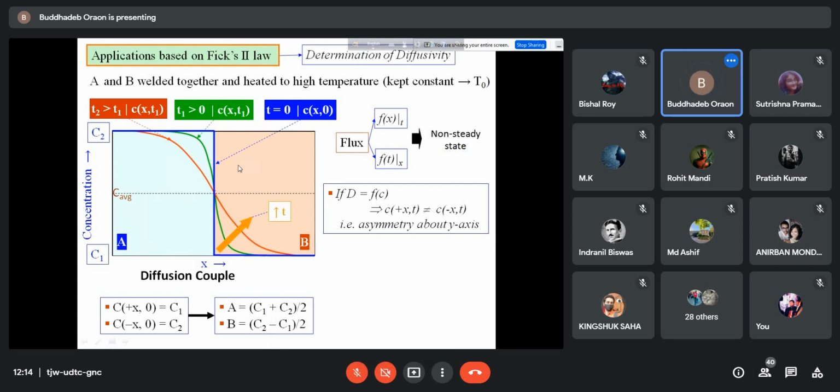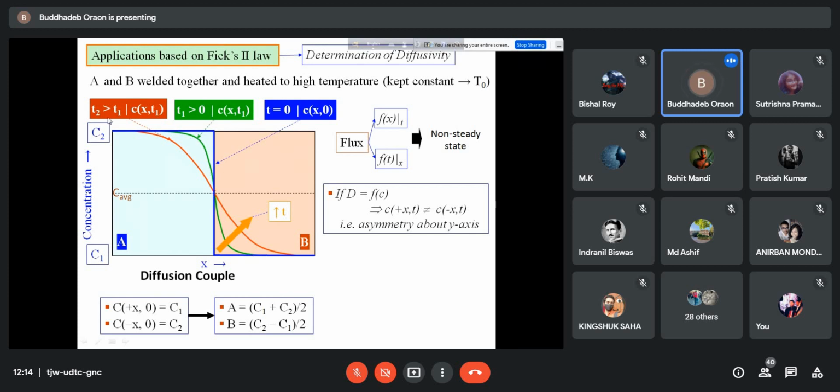Initially when t equals to 0, the concentration profile looks like this blue line, a sharp step function. But when you are increasing the diffusion time, or t greater than 0 for some value, maybe 2 hours, let us say, so you are performing diffusion for 2 hours, the concentration profile will be like this green curve.